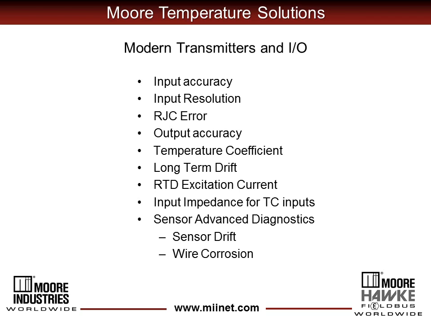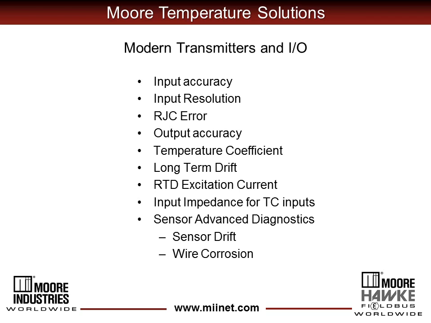I'll just comment on a couple of them. Input resolution, you want the highest input resolution you can find because that says you can detect a smaller change in the sensor's output. So high input resolution sees smaller step changes in the sensor.